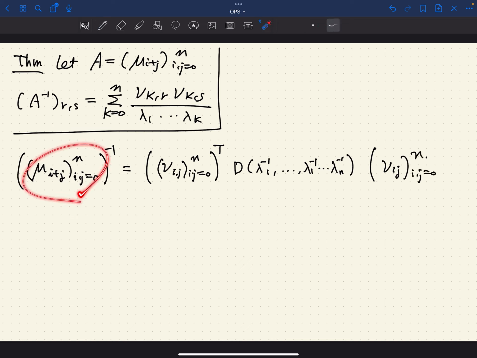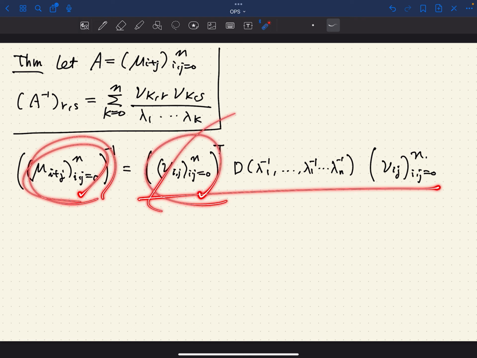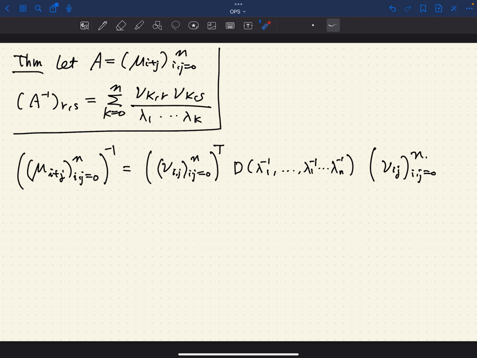Because if you think about the r comma s entry of this, you multiply this and this and this, and because this is a diagonal matrix, you get this. Okay. So here we know that this inverse is this. We know that these mixed moments and coefficients are inverses of each other.